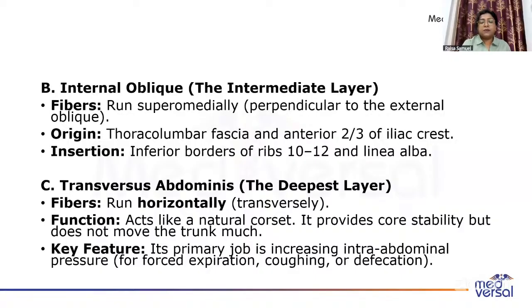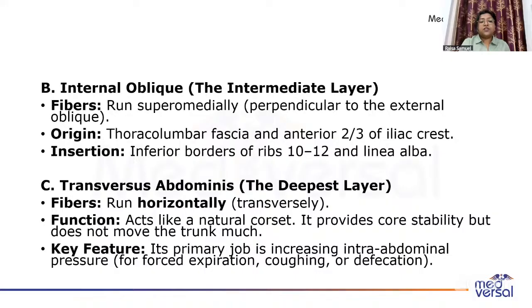The transversus abdominis muscle is the deepest layer. Here the fibers run horizontally or transversely. Its function is that it acts like a natural corset. So it is very strong, and it acts as a natural corset. It provides core stability but does not move the trunk much.